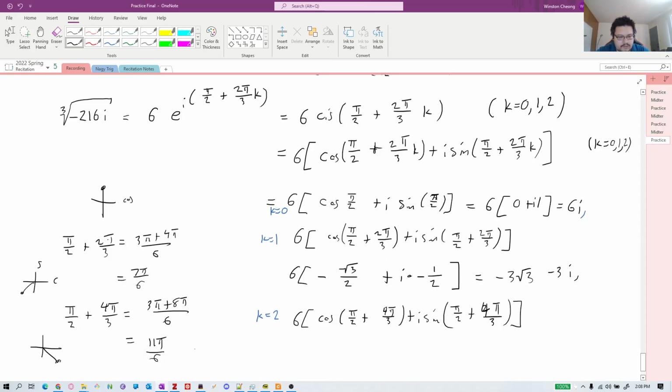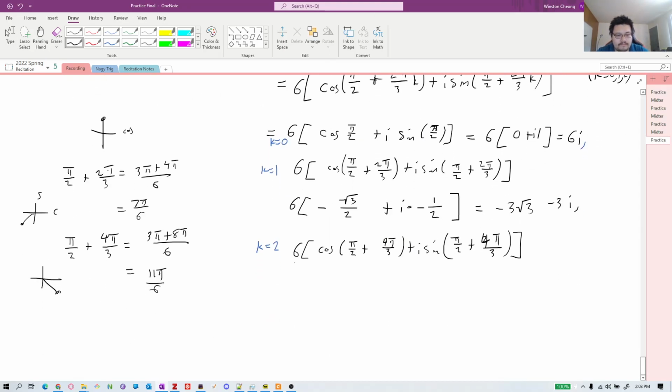So that means the values are the same. Cosine of a 30-degree angle is root 3 over 2. Sine of a 30-degree angle is 1/2. The only question is, are we dealing with pluses or minuses? So in this quadrant, cosine is positive, and sine is negative.